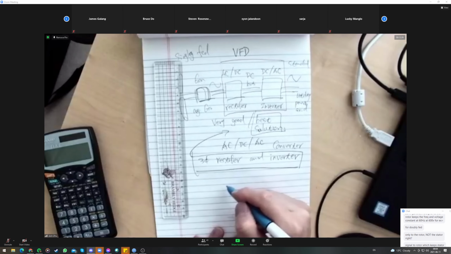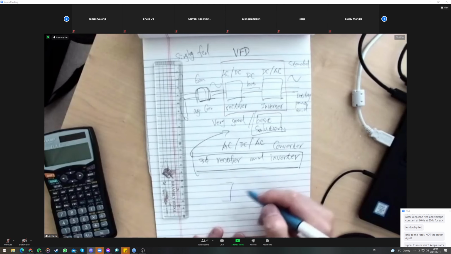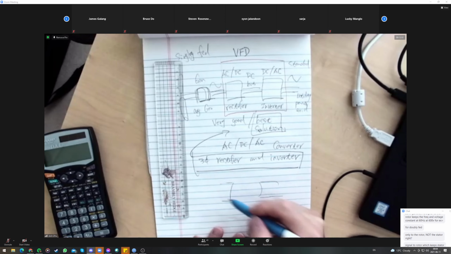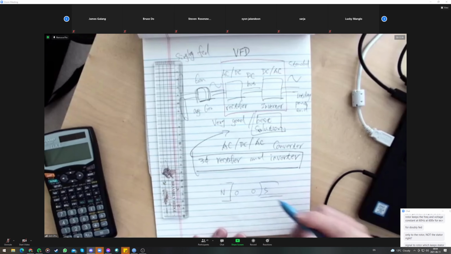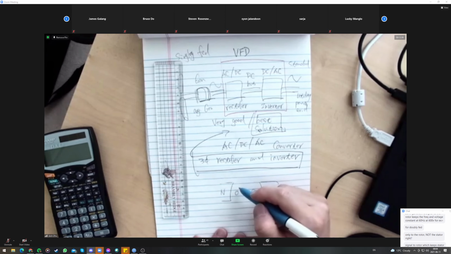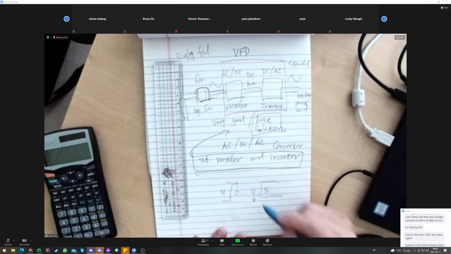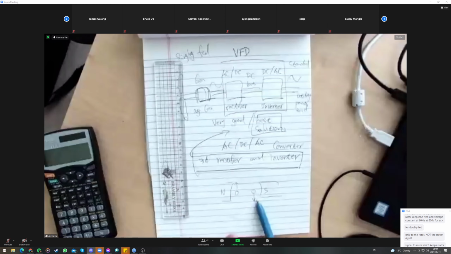In second year, we start learning AC generation. We usually tell you that we have a magnetic field, then we have a coil of conductor. If this coil of conductor is rotating inside this magnetic field, we will generate the voltage on the coil, right?